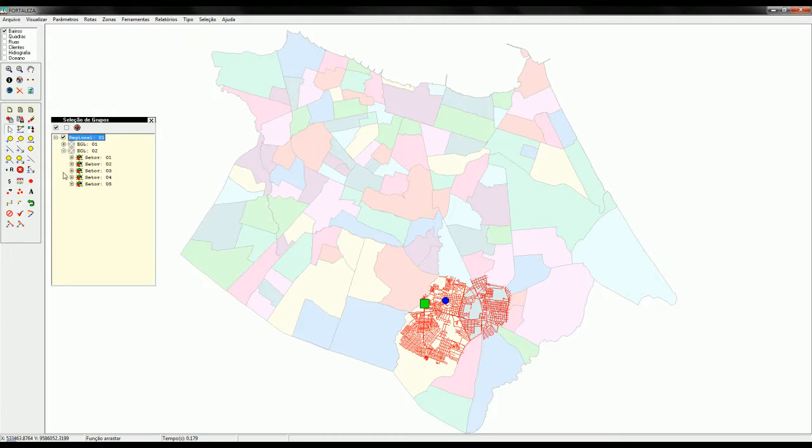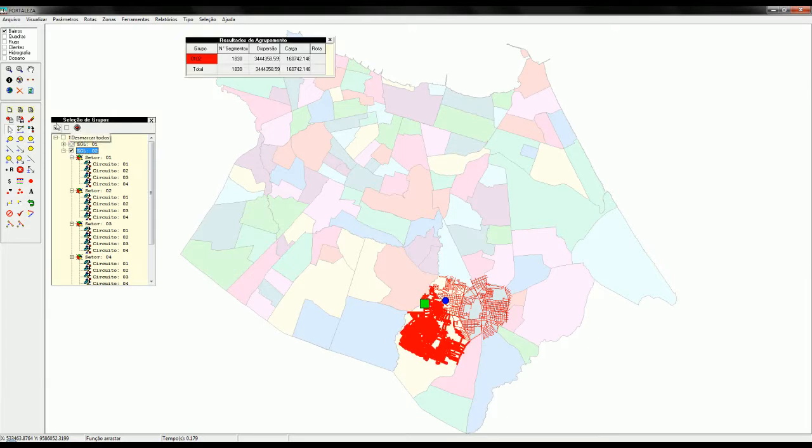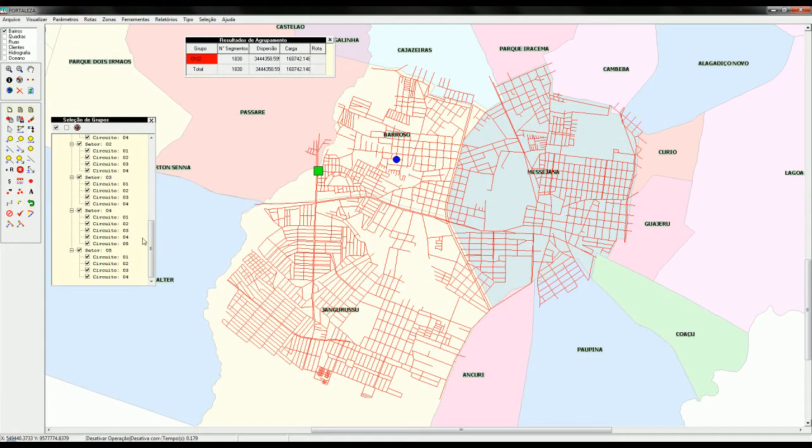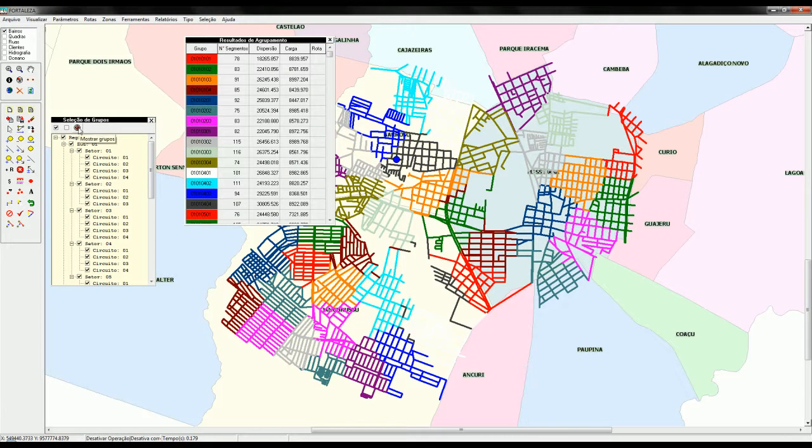This is the result for ZGL2. Here we can view all circuits for Regional 1, always respecting the limit of 9,000 kilos of load.